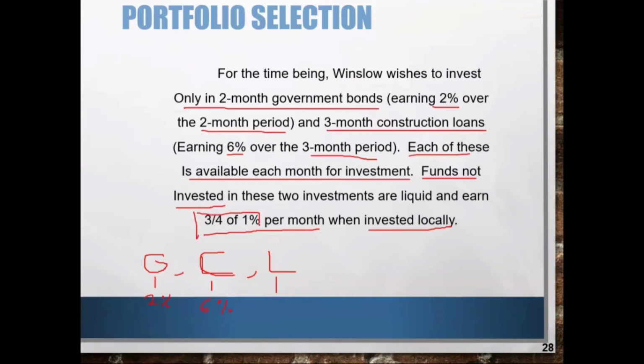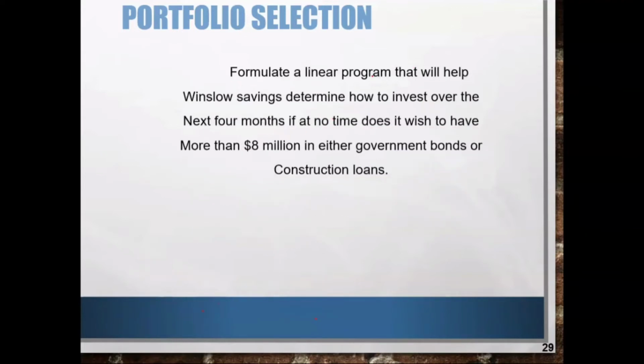3/4 of 1%. So, let's solve this. 3/4 of 1% is 0.75%. Next, formulate a linear program that will help Winslow Savings determine how to invest over the next 4 months, if at no time does it wish to have more than 8 million in either government bonds or construction loans.